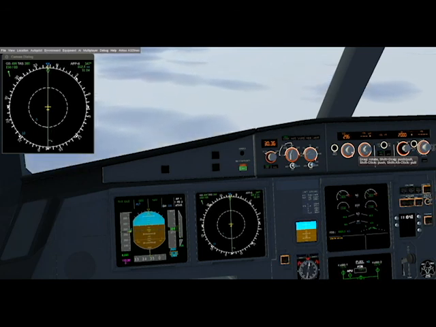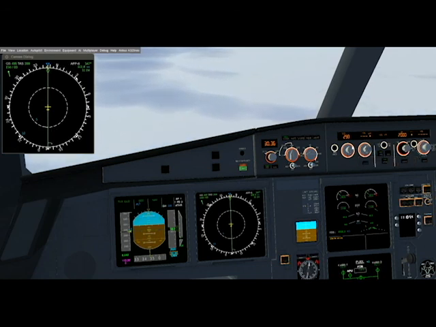Just maintain your glide path. Continue doing your idle descent. I am now rotating up just 300.